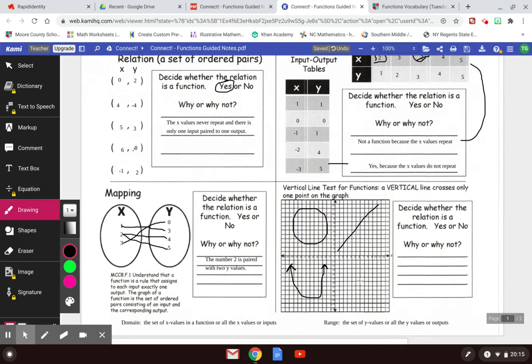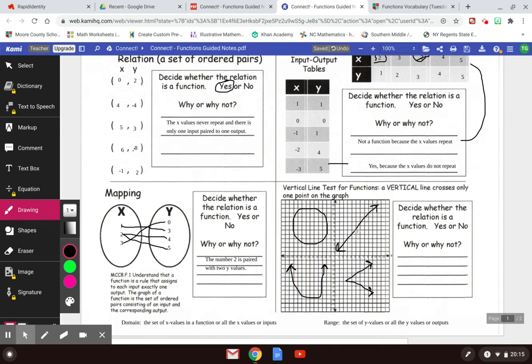And then in quadrant number 4, I'm going to draw something that looks like that. Now, here's what the vertical line test says. If it is a function, the vertical line is only going to cross one point on the graph. So that's referring to the graph of each of these, okay?